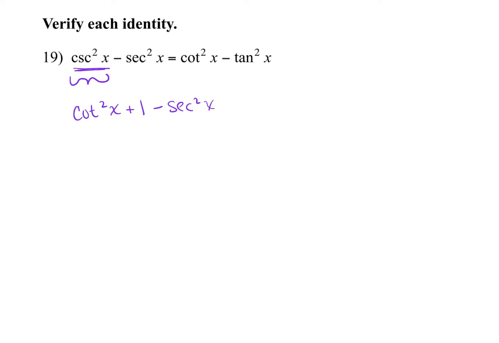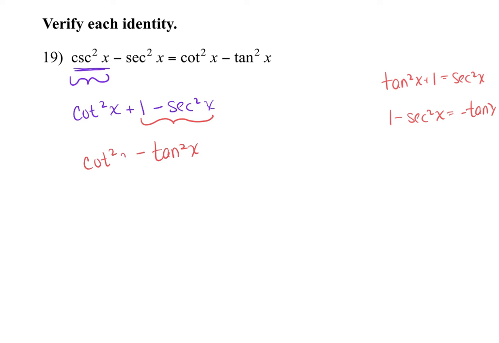And then this 1 minus secant squared of x should actually look familiar, because if I have tangent squared of x plus 1 equals secant squared, then 1 minus secant squared of x is going to equal negative tangent squared. And so I can actually replace this guy with a negative tangent squared. So I have cotangent squared of x minus tangent squared of x. And I'm actually done there.